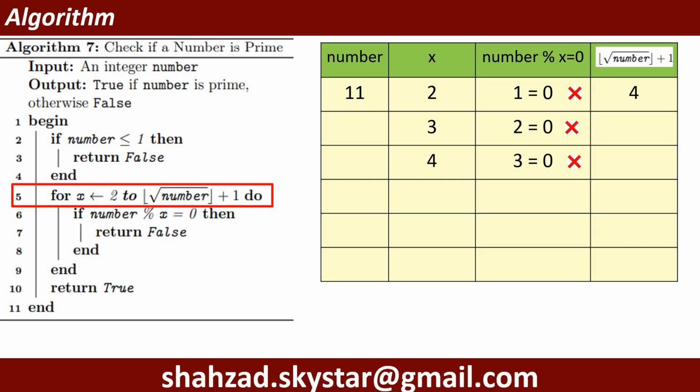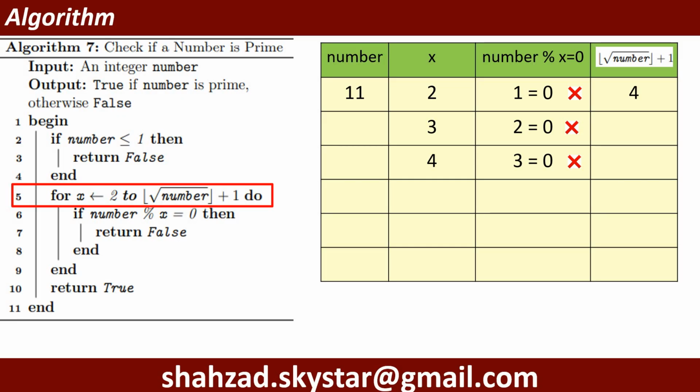We know that we will check only from 2 to 4, that is 2, 3, 4 only, because the number is 11. In case you enter the number 60, how far will it check? The square root of 60 is about 7 point something, so it will move till 8.